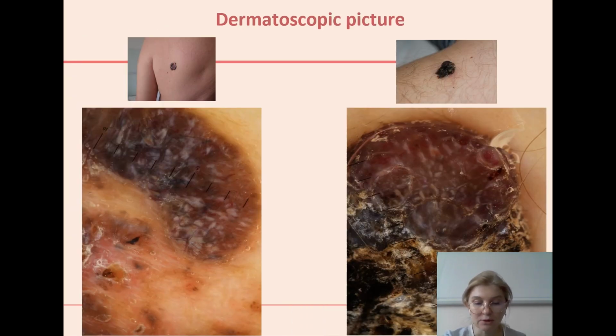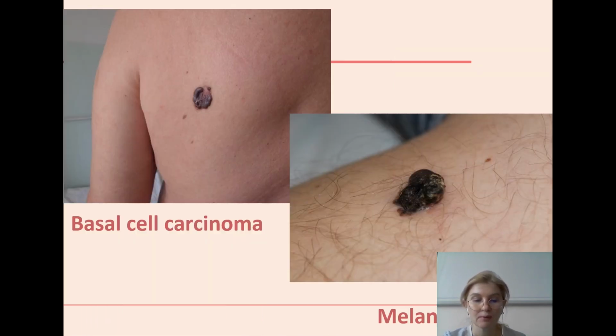The dermatoscopic pattern is also very similar. There are black color, hyperkeratosis, chrysalis-type structures. After surgical removal and histological examination, basal cell carcinoma and melanoma were found.